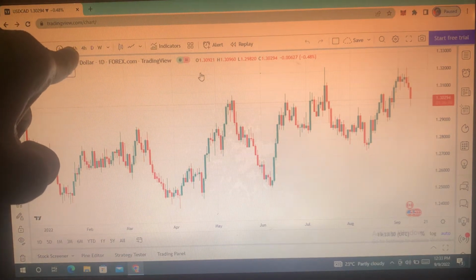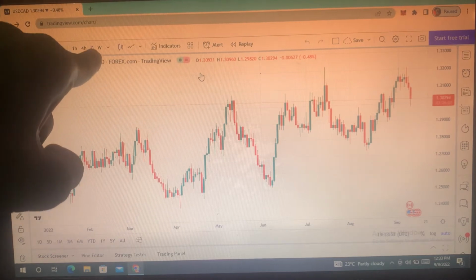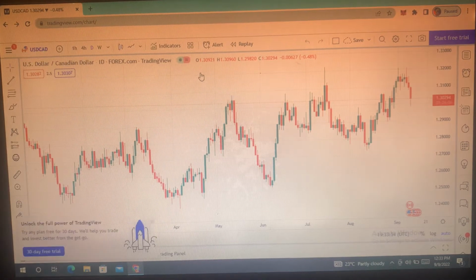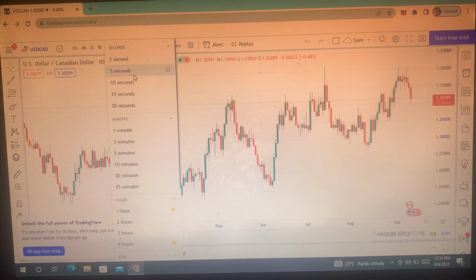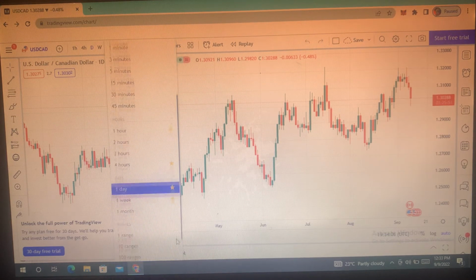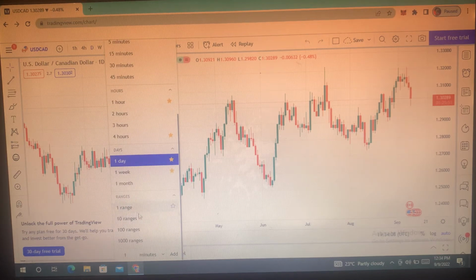This is 1 hour, this is 4 hours, this is 1 day, and this is a week. We have other time frames too. We have 1 second, 5 seconds, down to, I think, up to a year. Okay, we have one range, 100 range, up to 1000 range.